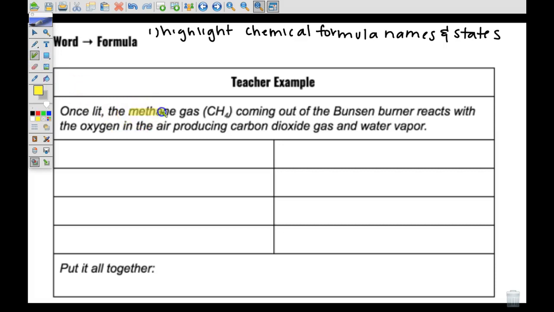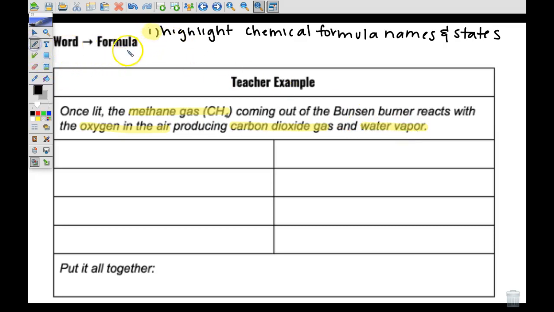So I see methane gas, and it comes out of a Bunsen burner and reacts with oxygen in the air and produces carbon dioxide gas and water vapor.